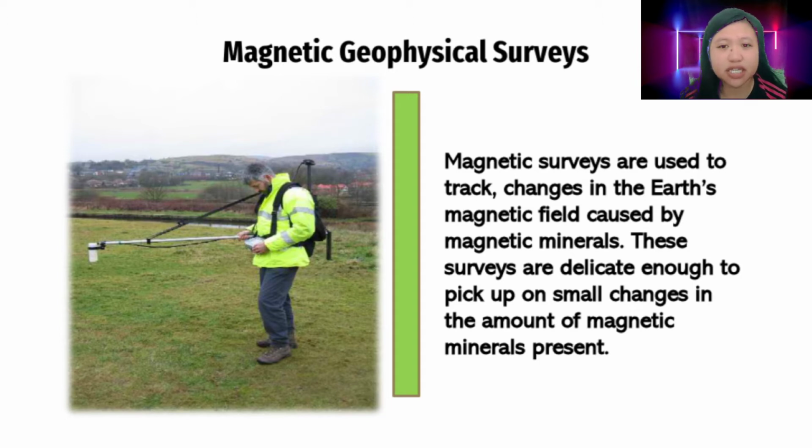The magnetic survey is used to track the Earth's magnetic field caused by magnetic minerals. It is used to analyze rock types and geological formations, and it helps in resource identification.